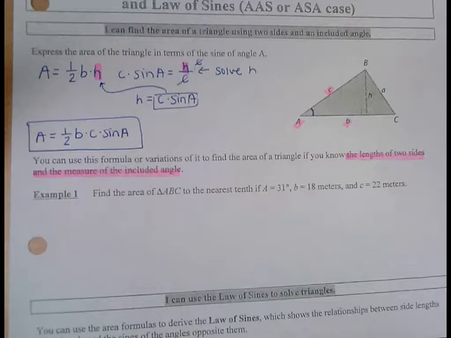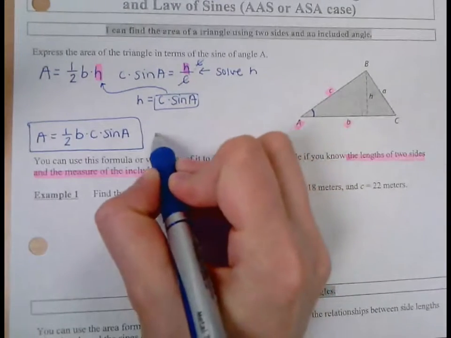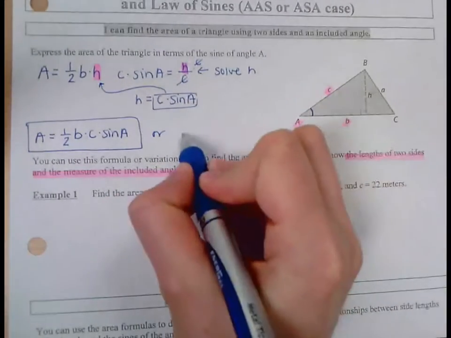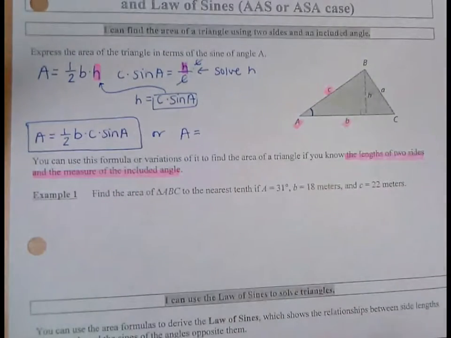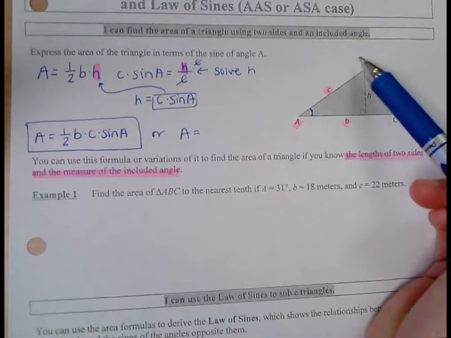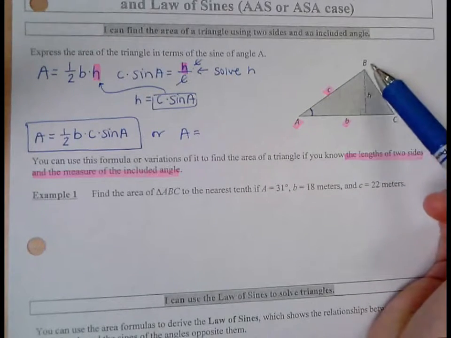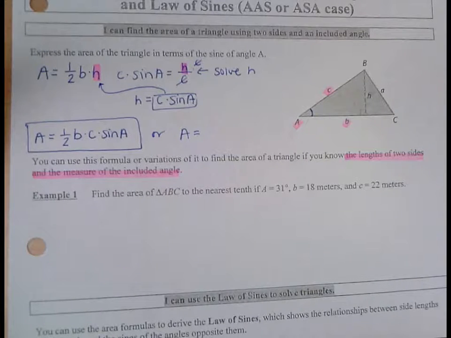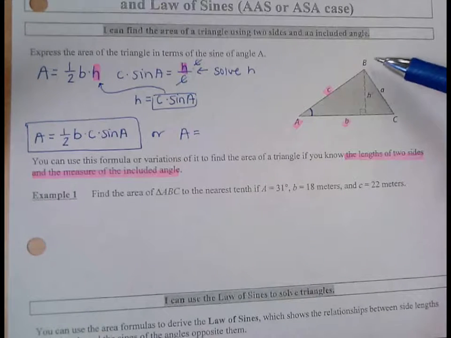There are two other variations because it depends on which two sides and then which included angle you're using. If there are 3 angles, there are really 3 variations of this formula. Other variations would be, if I knew the measure of angle B, what two sides of the triangle would I have to know to find the area?